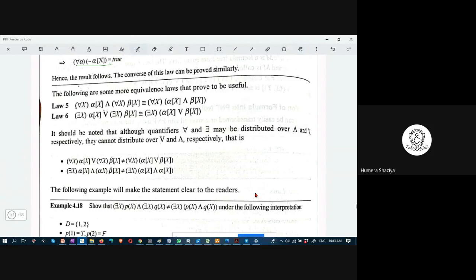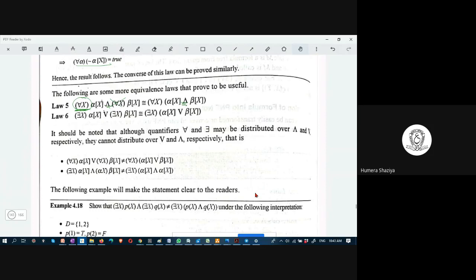We know that for all x can be taken as common in this formula, and there is no need of for all x again, as it is taken as common. Placing alpha of x and beta of x within parentheses and having the and symbol as it is makes these two formulas equivalent.